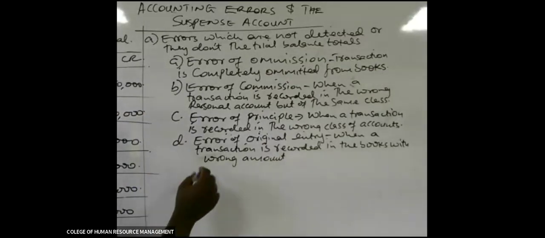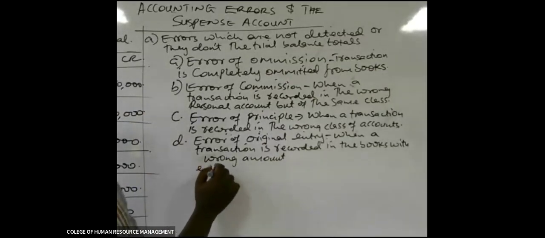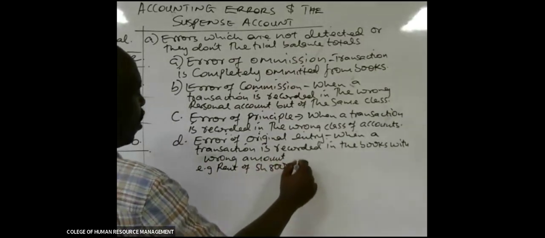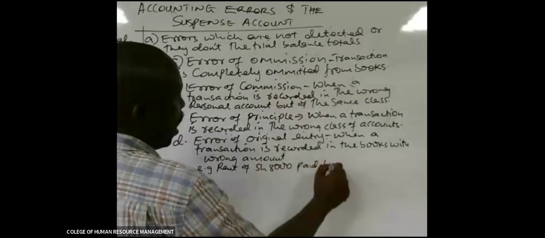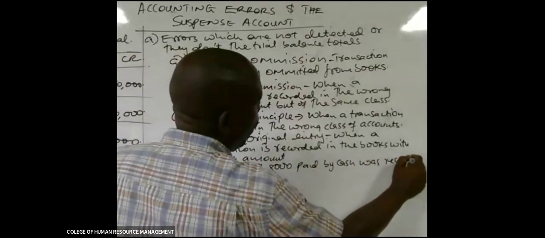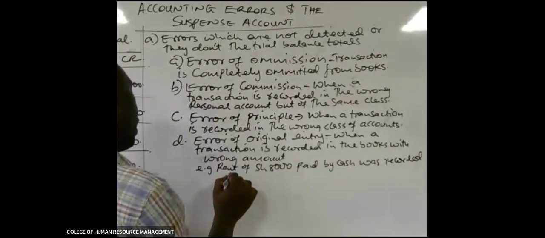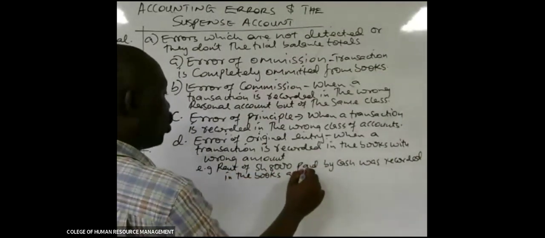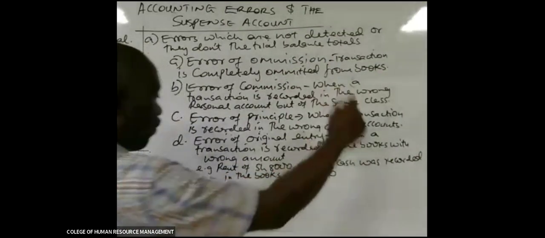So, for example, here you are told rent of shillings 8,000 paid by cash was recorded in the books as shillings 800.